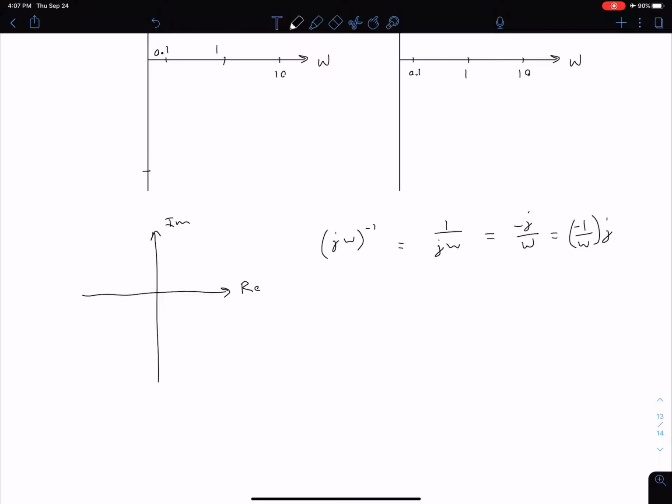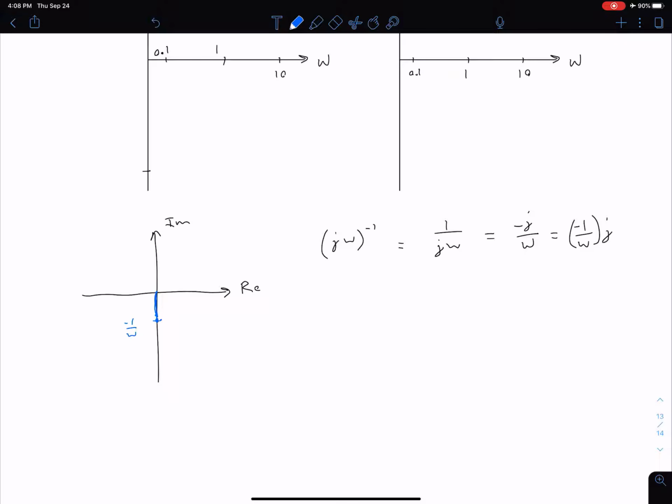So again, this is purely imaginary. We have no real part. And we see in this case, we're going down by a distance of negative 1 over omega from our origin. So if we put this point here, this is negative 1 over omega. So that's the distance from our origin to that point.